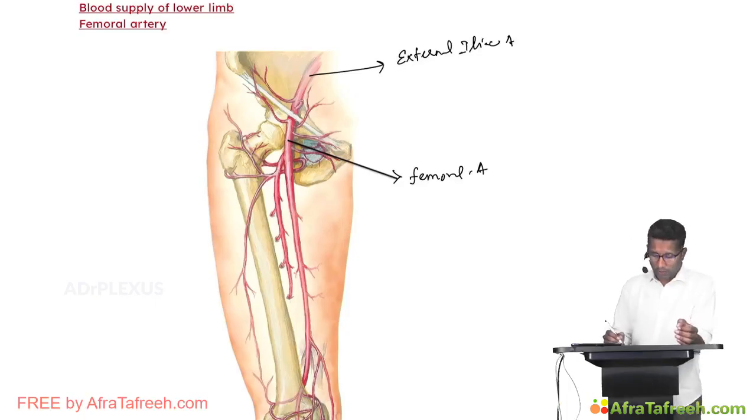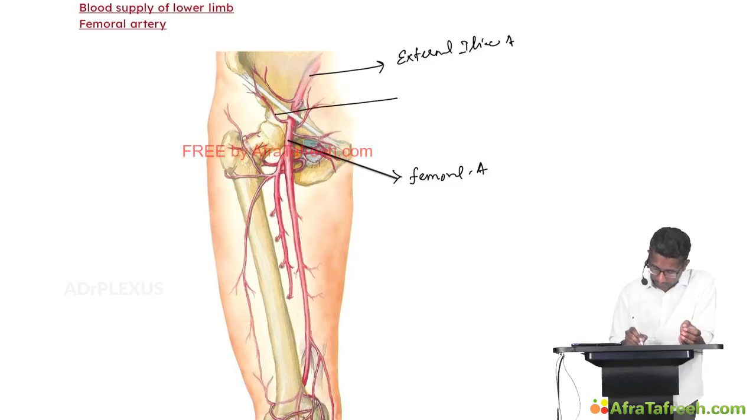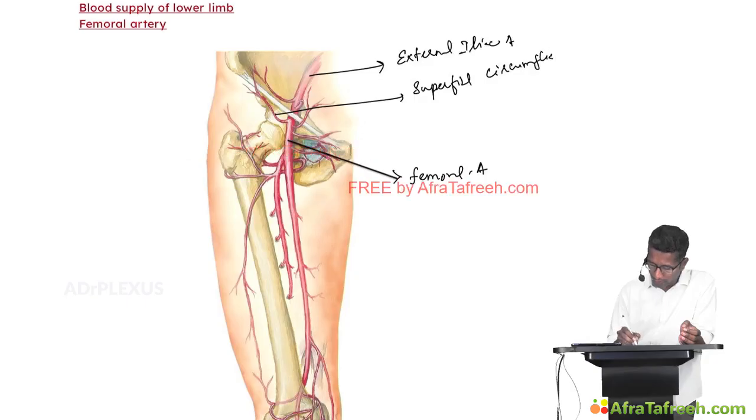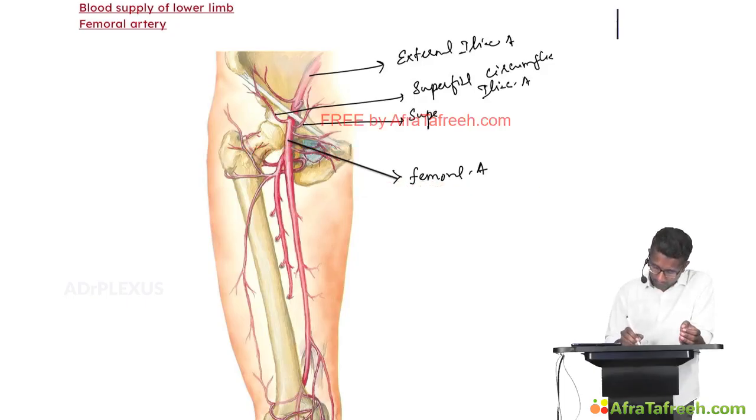The femoral artery, once it is in the thigh, gives a lot of branches. We have seen the branches in the morning. The branch you see here is the superficial circumflex iliac artery, and the artery you see here is the superficial epigastric artery.